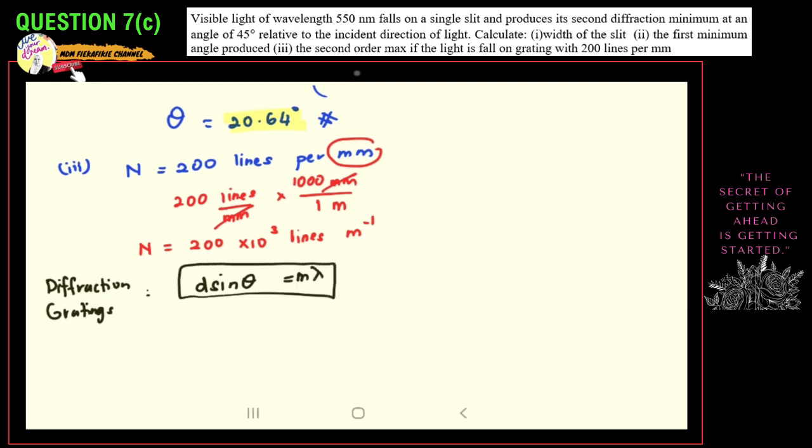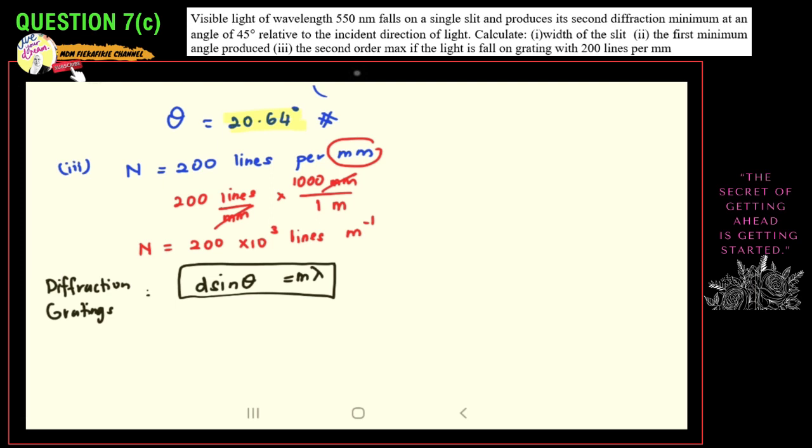Okay, so let's see. The question may ask for this angle. The one earlier was the first minimum angle produced, this one is the second order maximum angle produced. Okay, we want to calculate theta, at what angle the second order maximum will be produced on the screen.